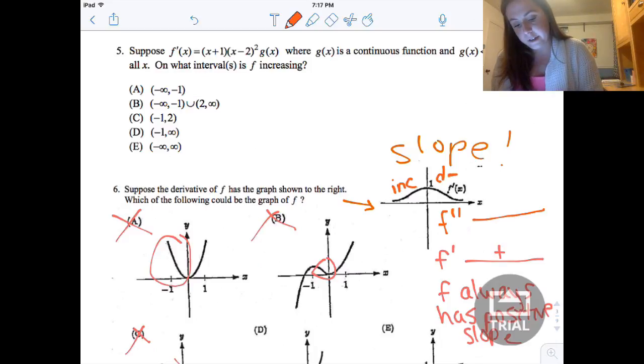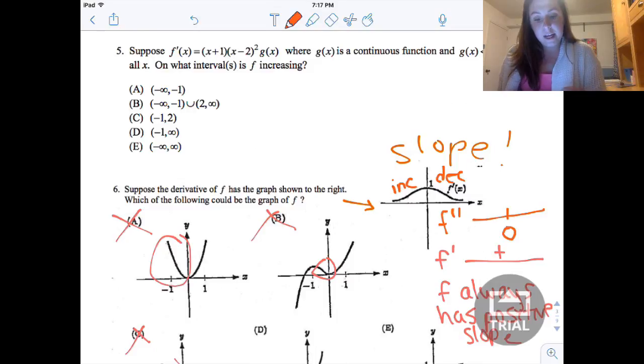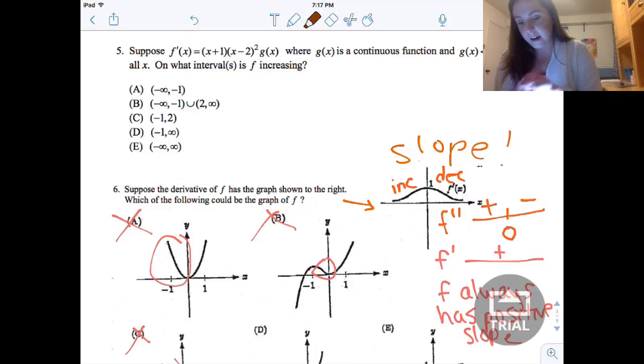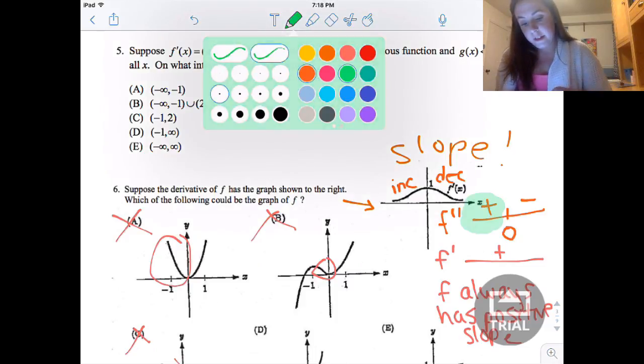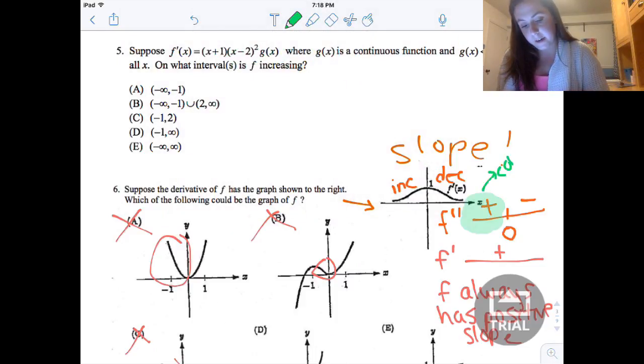This is decreasing there. So f double prime switches at 0. It would be positive to the left of 0, negative to the right of 0. What this tells me here is anywhere my second derivative is positive, this is concave up. So right here, this interval is concave up.